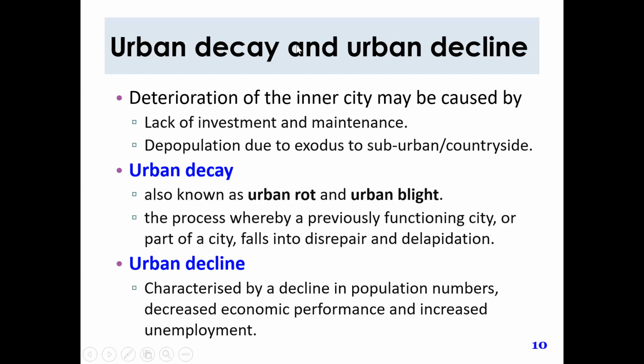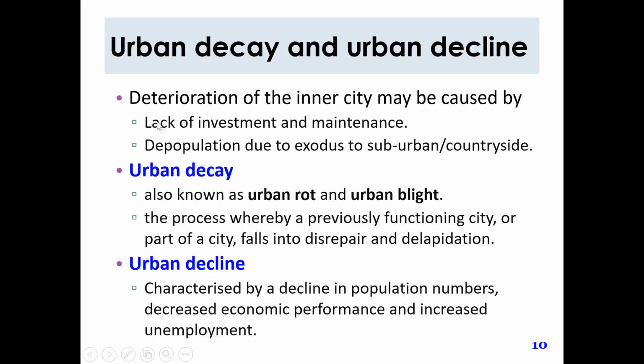So these, I mentioned just now, urban decay and urban decline, right? So what are these concepts? Urban decay and decline. Deterioration of the inner city may be caused by lack of investment and maintenance and due to exodus to suburban or countryside. So the first one is in the control of the government, because they can implement strategies that can attract investment, and also they do the maintenance.